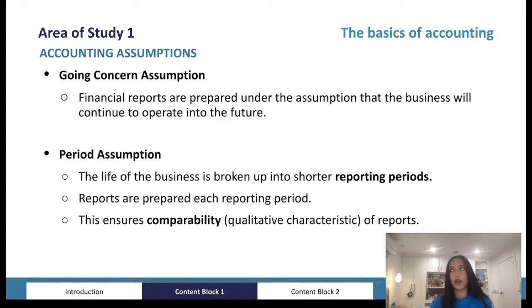For example, if we're a clothing store, comparing our reports as a clothing business to other similar clothing businesses that also prepare reports, and then also comparing current reports to budgeted reports. So if I predicted a certain outcome for September, did the September reports meet those budgets, basically?